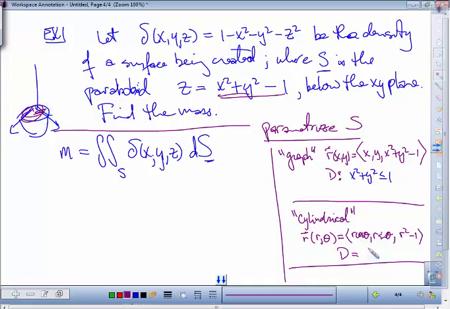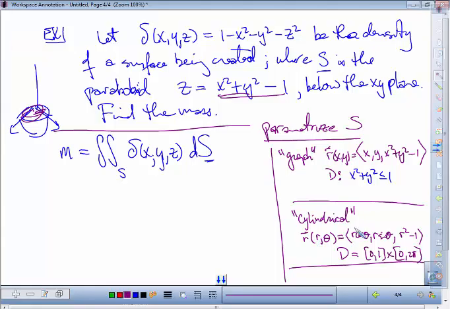So r basically goes from 0 to 1, and theta goes from 0 to 2 pi. So these are two parameterizations. We can use the graph parameterization and then change it into polar coordinates when we do the integral, or we can do cylindrical coordinates from the get-go and then work it out from there.